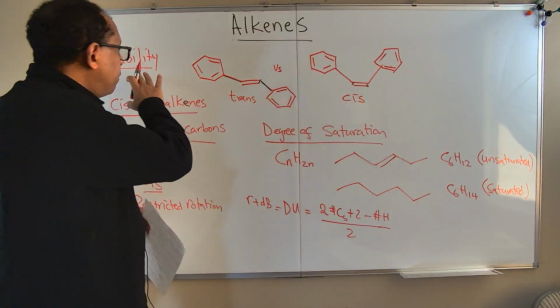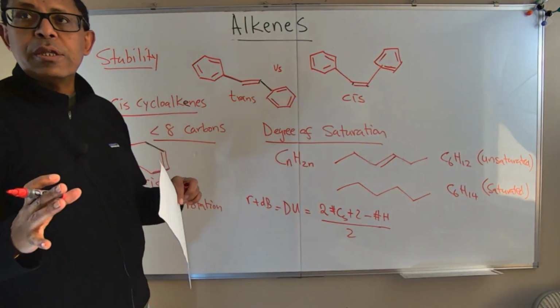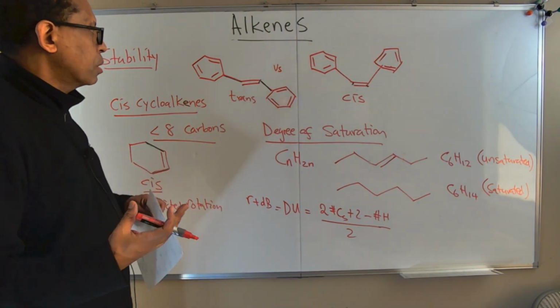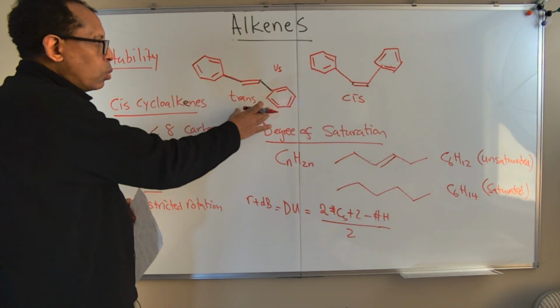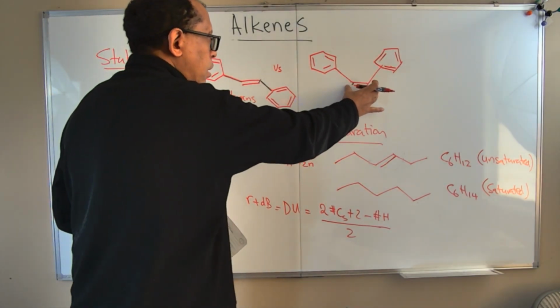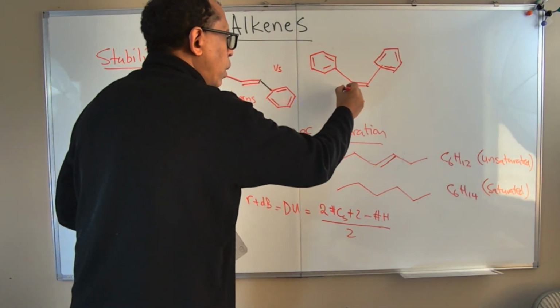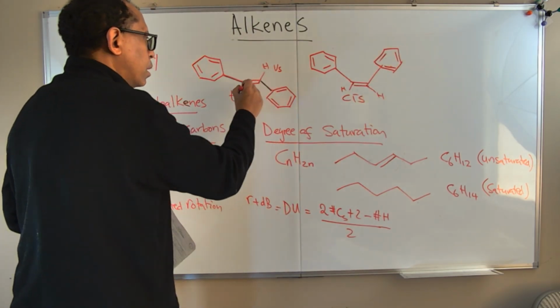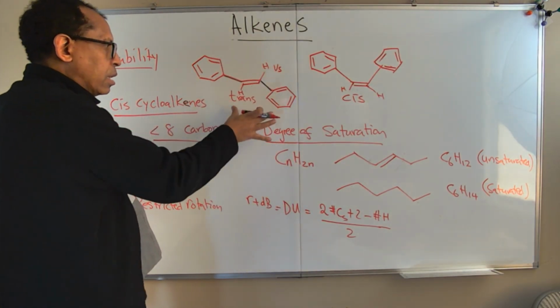There is a difference in terms of the general stability of these stereoisomers. Here you see the trans one, and here is the cis. In the cis, the two hydrogens are on the same side; here the hydrogens are on opposite sides, and that's the trans.